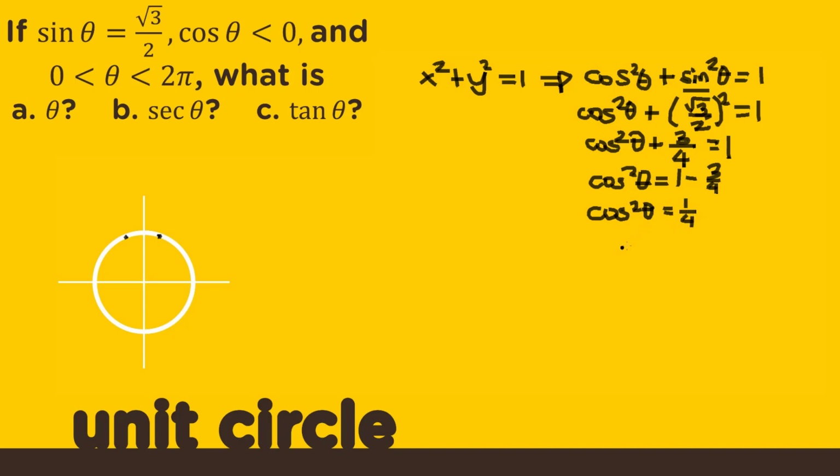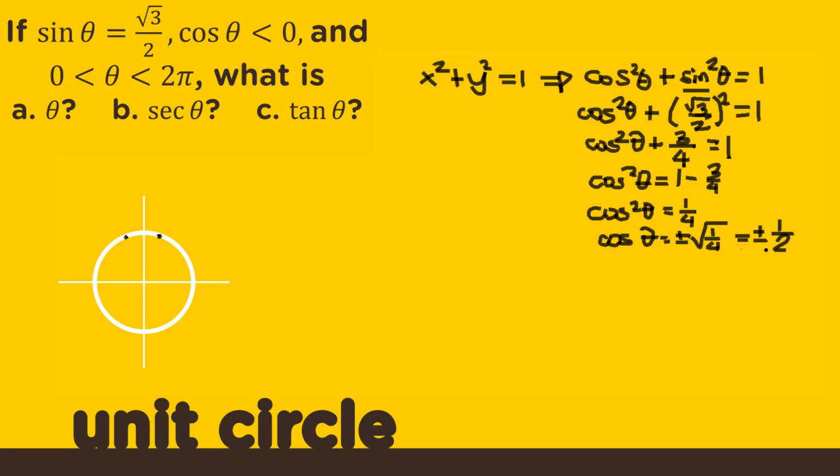But of course, we're solving for cosine, not cosine squared. If we take the square root of both sides, cosine theta is the positive and negative square root of 1/4, which will give us a result of positive and negative 1 over, square root of 1 is 1, square root of 4 is 2.